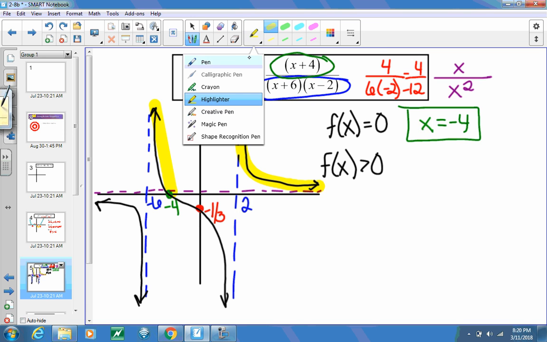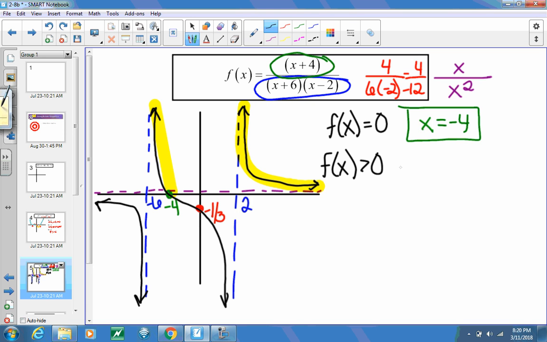I can see that it is in two intervals here. We're looking for when x is less than -4, but it has to be greater than -6, and that's that vertical asymptote that we have. Also here to the right, we're looking at values of x that are greater than +2.